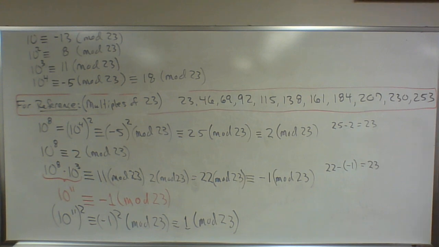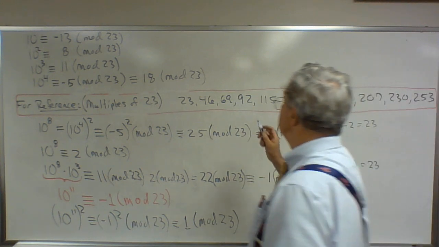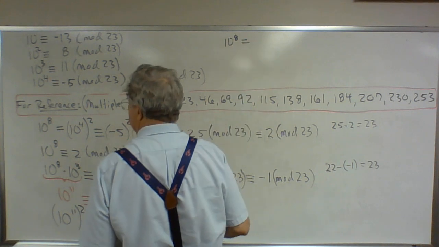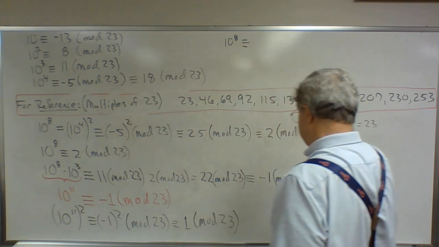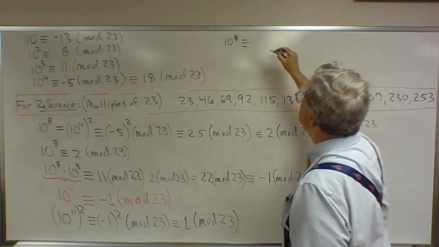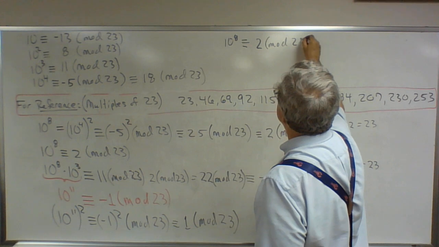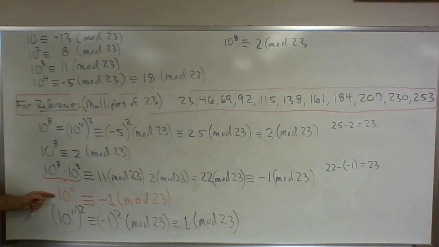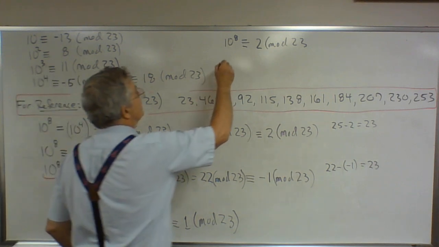I'm going to write down this added information. Let's see, 10 to the 8th was congruent to 2 mod 23. 10 to the 11th was congruent to negative 1 mod 23.